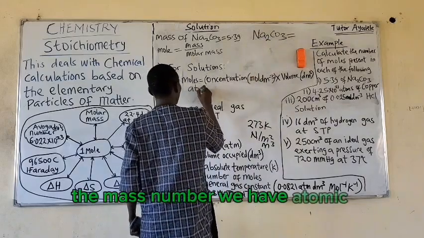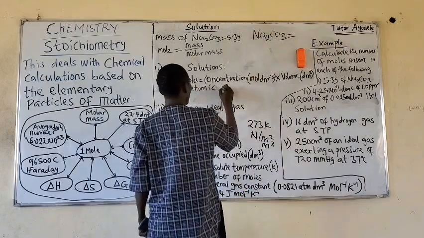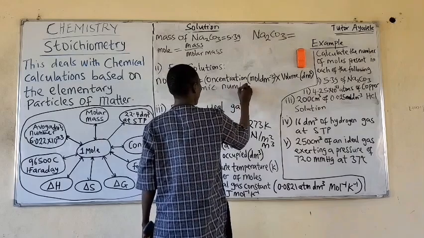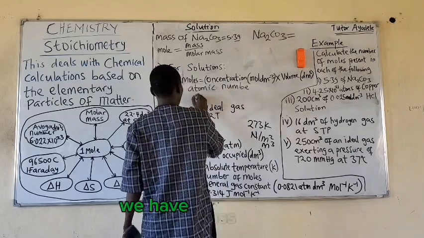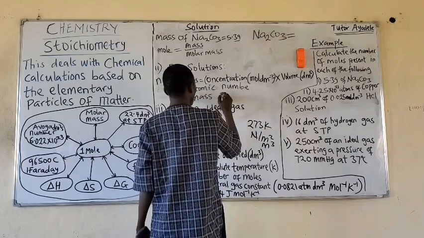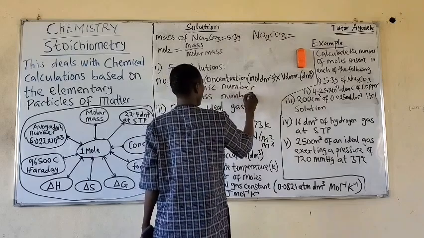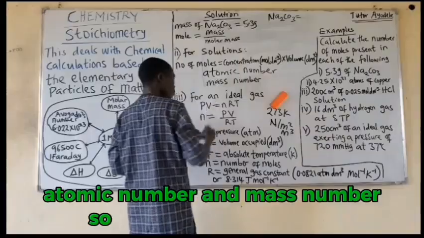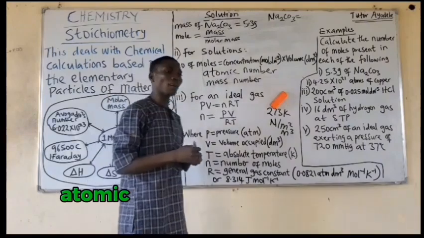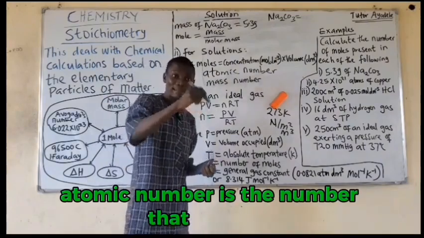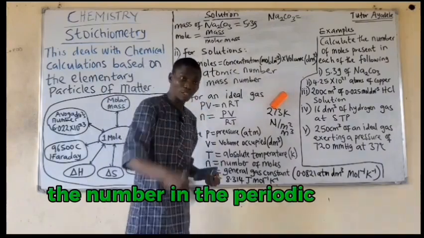We have atomic number. We have mass number. What is atomic number? Atomic number is the number of that element in the periodic table.